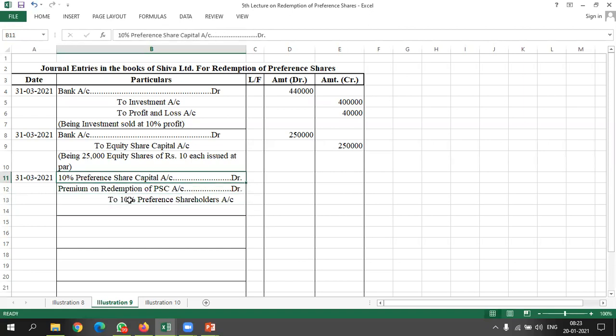So we have total liability of share of rupees 5 lakh, and 50,000 we have to pay as a premium. So total how much we have to pay? 5 lakh 50,000. Okay, so here we will write being claim transferred at 10% premium. Okay.